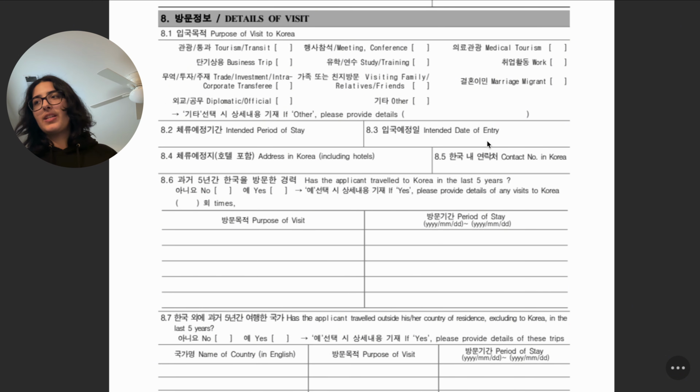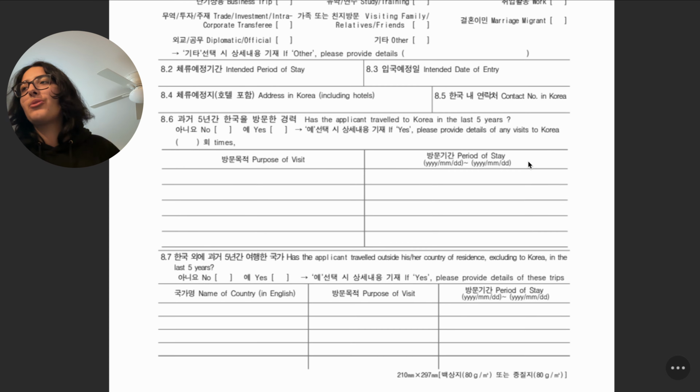And then intended date of entry, that's when you plan to land or arrive. Your address in Korea, for me, I put the address of the dorm I'm staying in. And then contact number in Korea, I don't have one, so I think I left this blank, but that should be fine. If you do have like an eSIM or something set up already, I recommend filling that out.